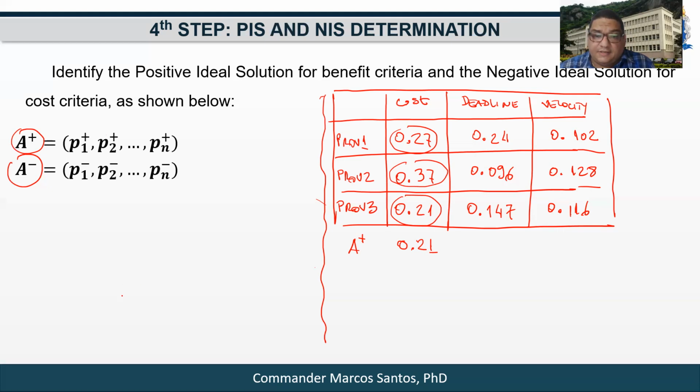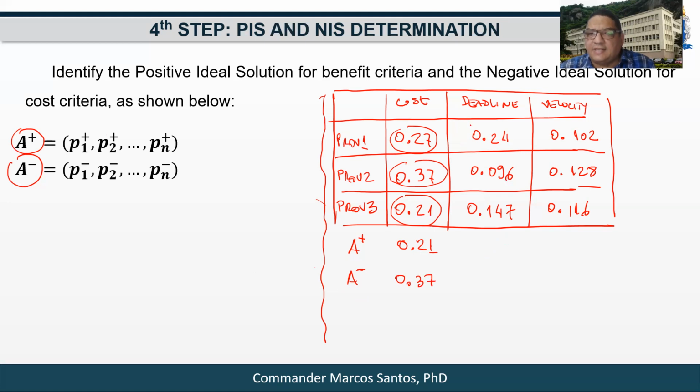And the negative A is the higher cost. So we have 0.37.